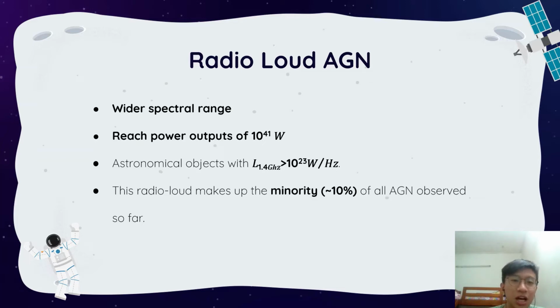This enormous amount of energy in a tiny region hints that its power source is not just simple nuclear fusion. Radio-loud AGN can be defined as astronomical objects with a luminosity greater than 10 to the power 23 watts per hertz. Radio-loud AGN make up a minority of about 10% of all AGN observed so far.